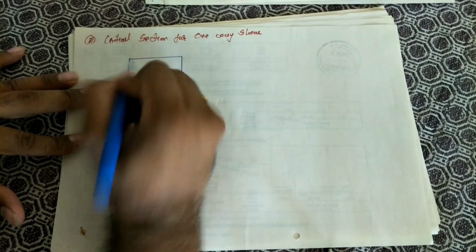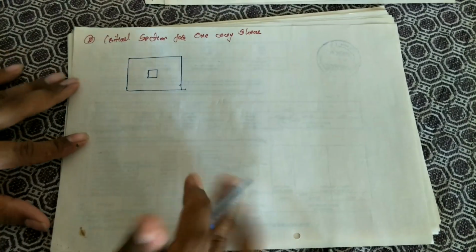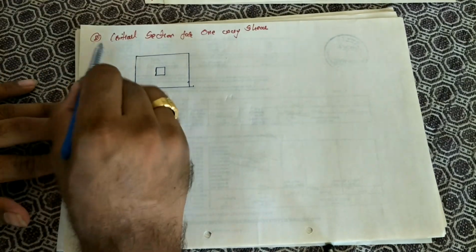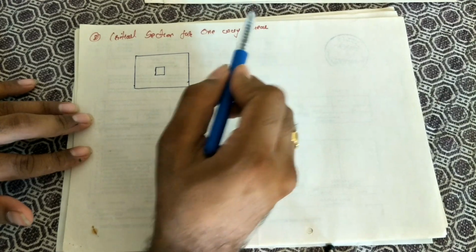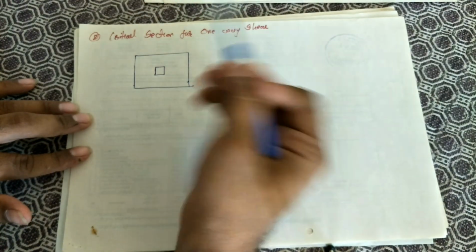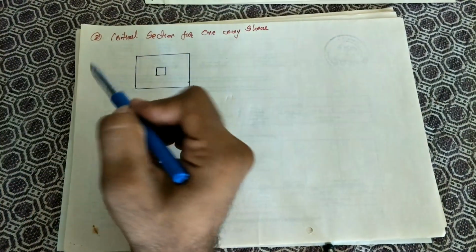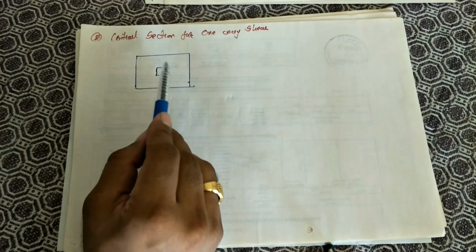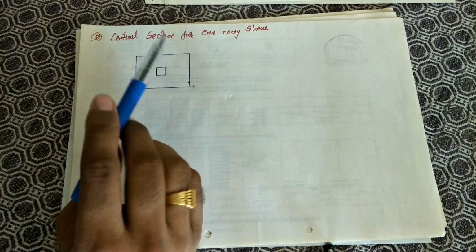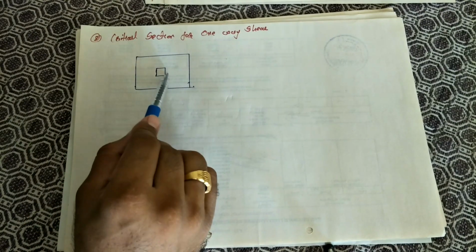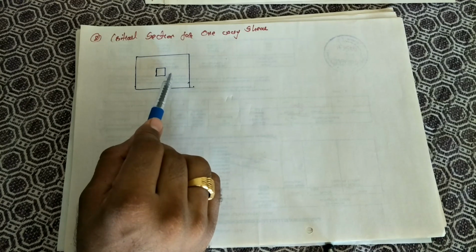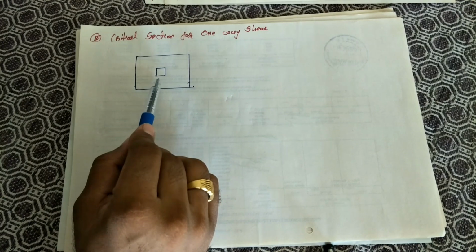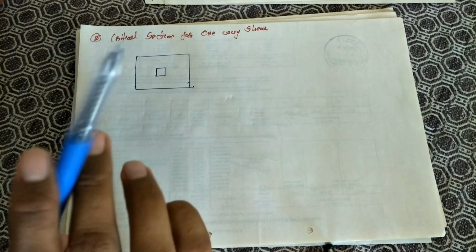So this is your footing, pad footing or sloped footing. One-way shear means only one direction, only one side, we have to consider. So the critical section is assumed as a vertical section located from the face of the column, pedestal or wall at a distance equal to the effective depth d of the footing.